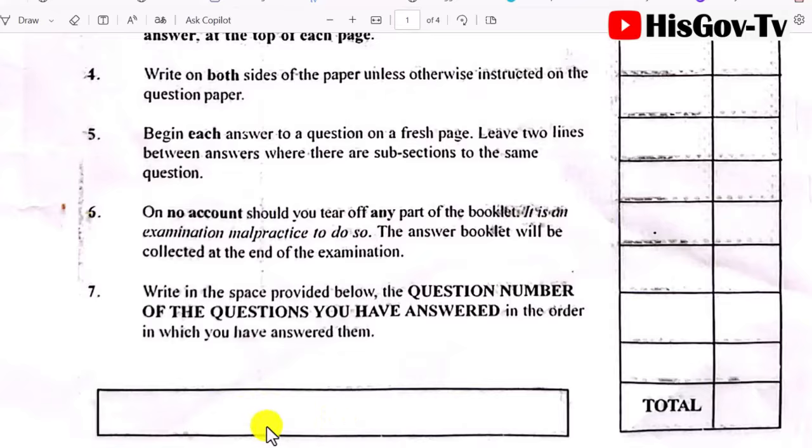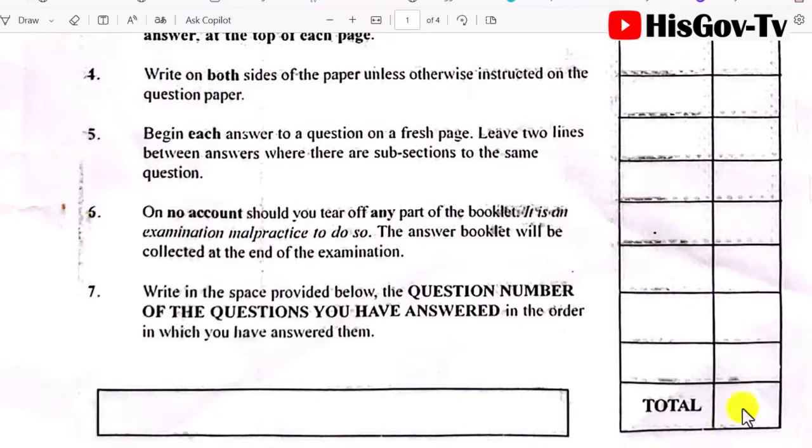If you answered question 3 first, you write 3 here. If you answered question 2 first, you write 2 first. So if you answered question 2, then 3, then 4, you write here 2, 3, 4, indicating that you answered those questions in that order. Do not write in this area. It is for the teacher.